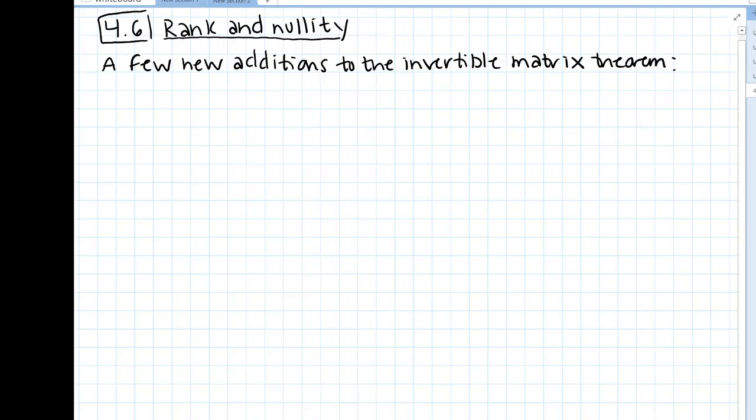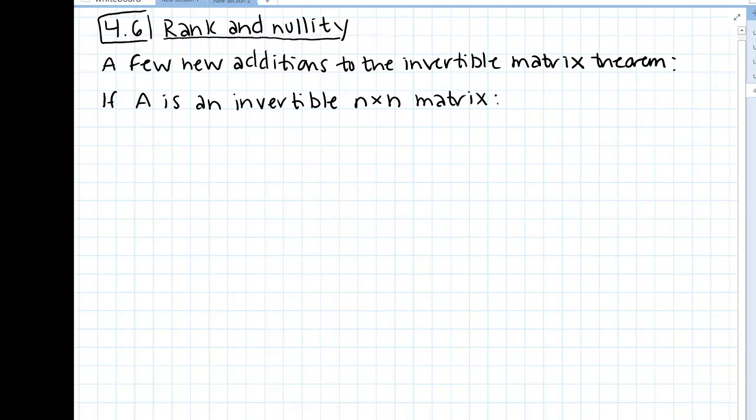Remember, the invertible matrix theorem starts by saying that you have an n by n matrix that is invertible. And if it's invertible, we have all these other things that have to also be true. So if A is an invertible n by n matrix, I'm not going to write down the things that we've had previously on this list.